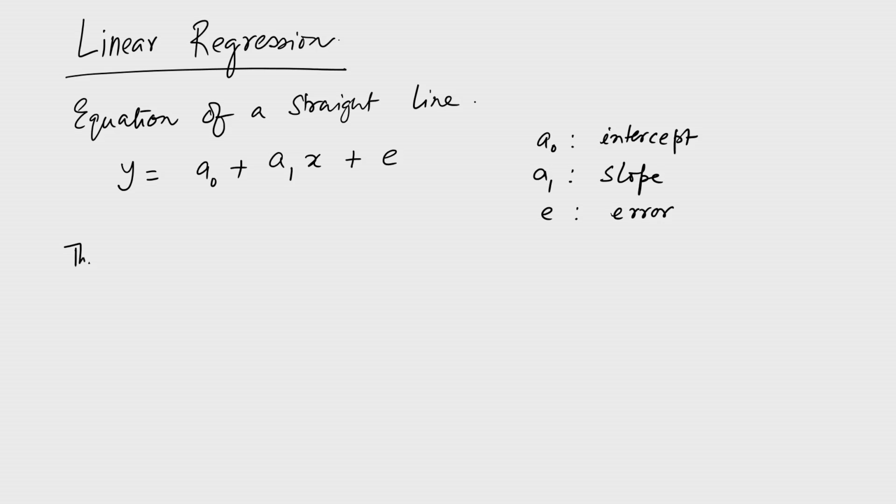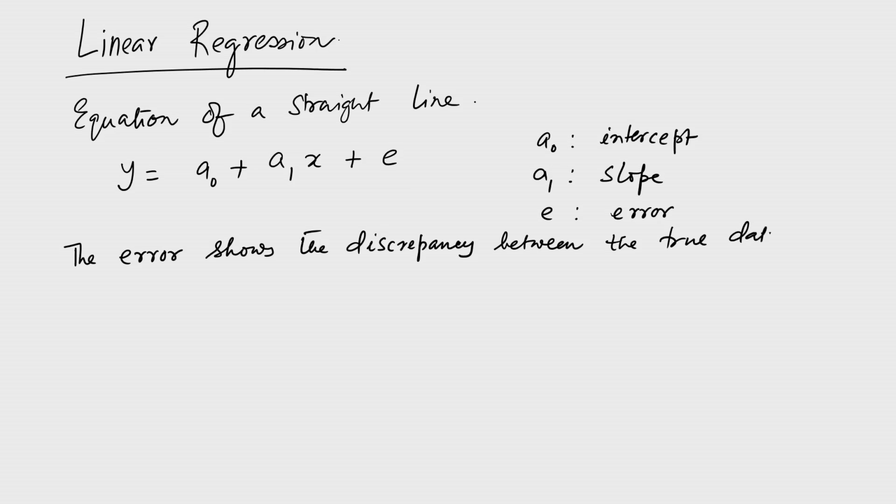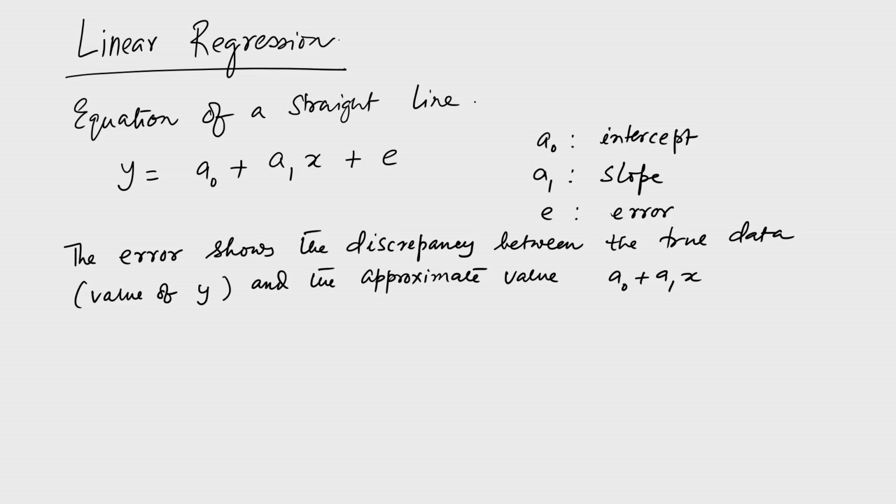The error, which is important here, shows the discrepancy between the true data, which is the value of y, and the approximate value given by the straight line, which is equal to a 0 plus a 1 x, predicted by the linear line, in this case the straight line.